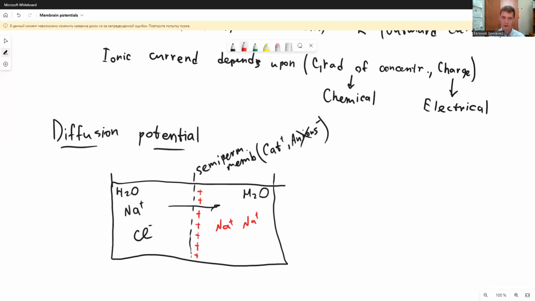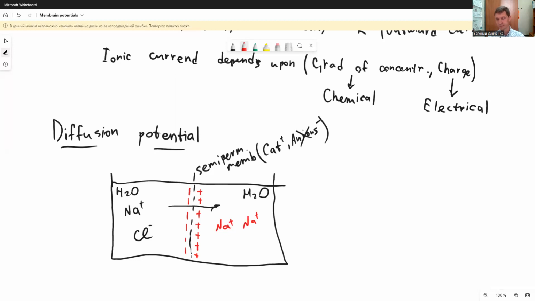This solution will be charged positively relative to the left side of the membrane, and the other solution will collect negative charge because anions will still be positioned in this solution, and negative charge will increase because a deficit of positive will appear. Okay, so this separation of the ions will make the diffusion potential.